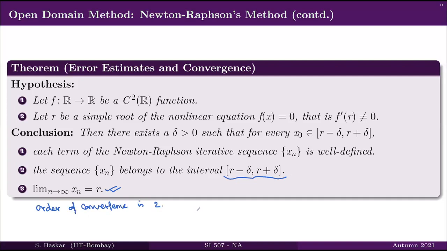And in fact, just like in the case of secant method, we can show that limit n tends to infinity mod xn plus 1 minus r divided by mod xn minus r square is in fact equal to a constant, and that constant is given by the modulus of f double dash of r by 2 times f dash of r.